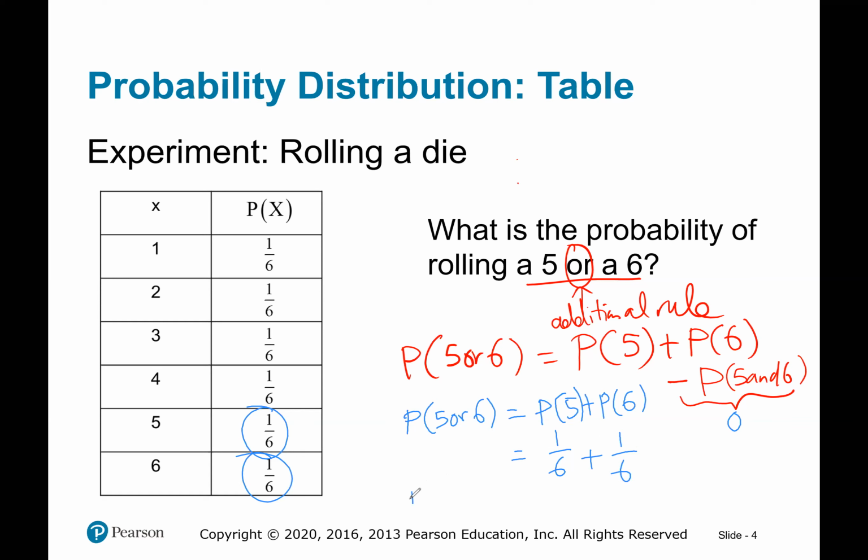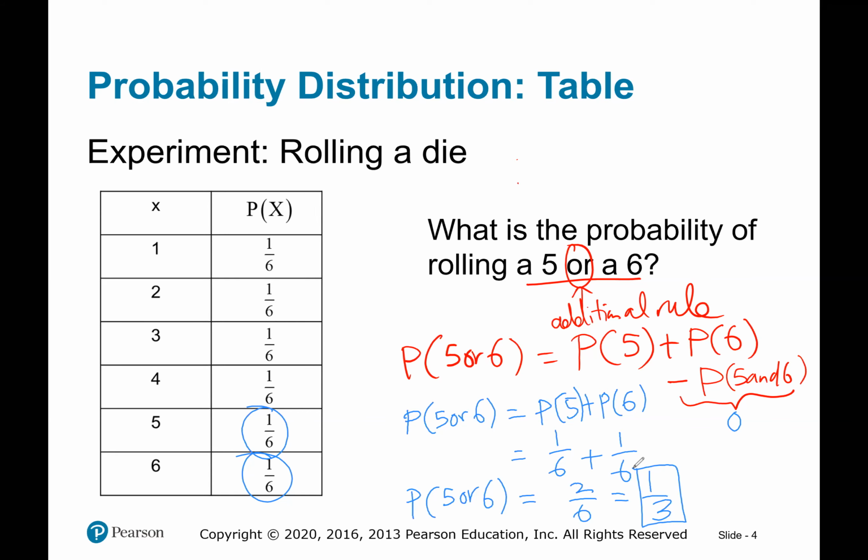Then you have the answer: the probability of 5 or 6 is 2 out of 6, which means 1 out of 3. Okay, so that's the answer.